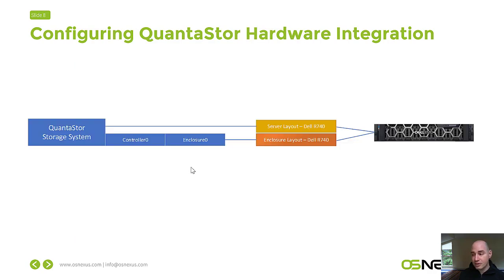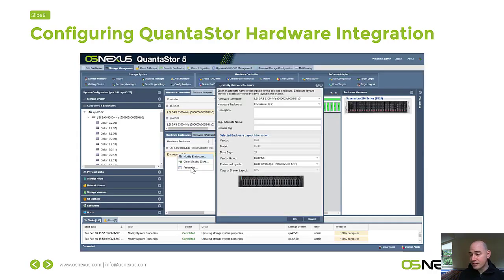Now we're going to go into what the controllers have detected that are attached to them. The controllers are oftentimes connected to an external JBOD, or just a bunch of disks, an external disk chassis. And so QuantaStor tries its best, based off of the information it can gather from SCSI enclosure services and other APIs, to figure out what that model is.